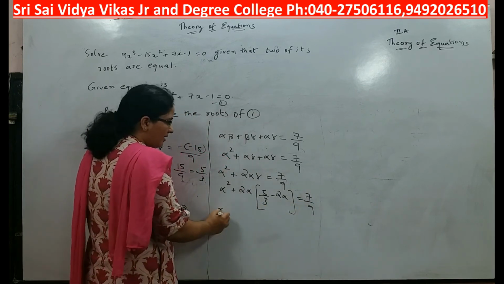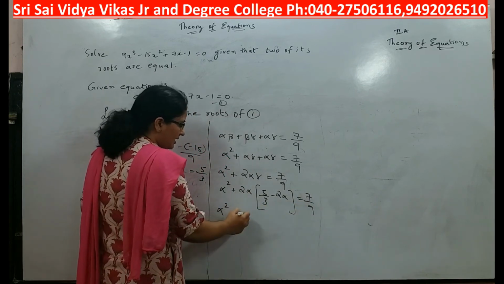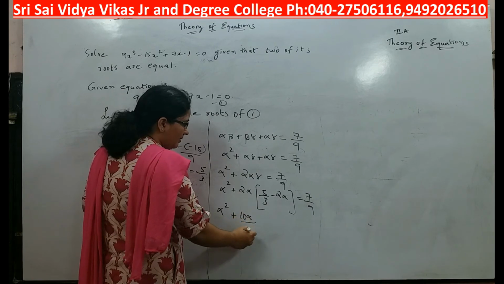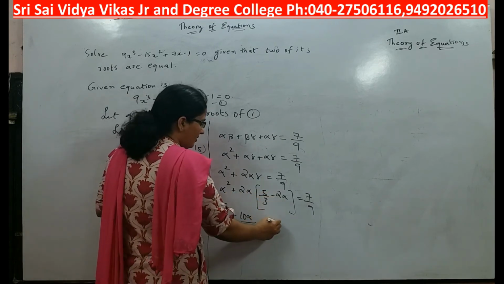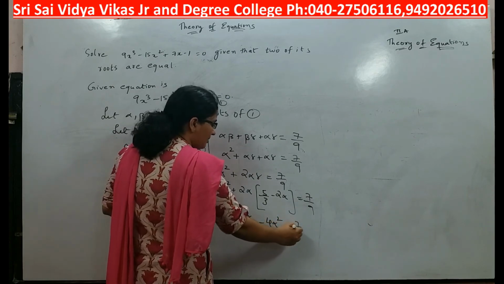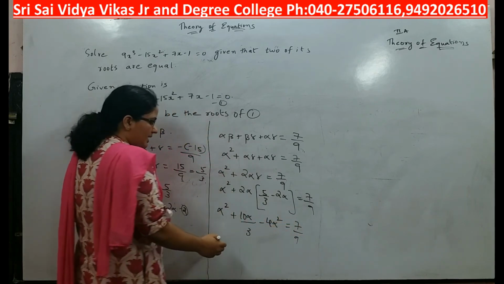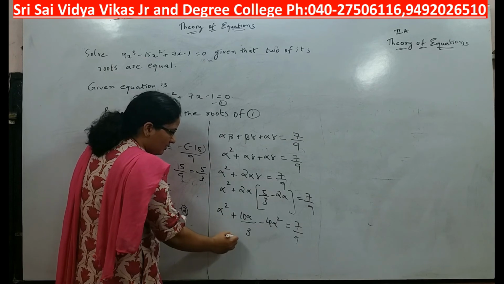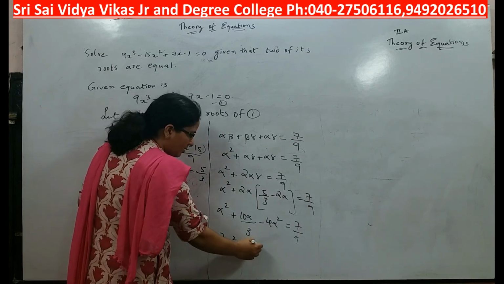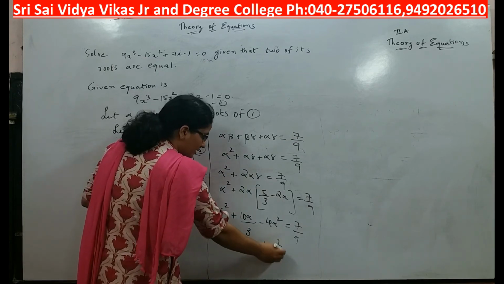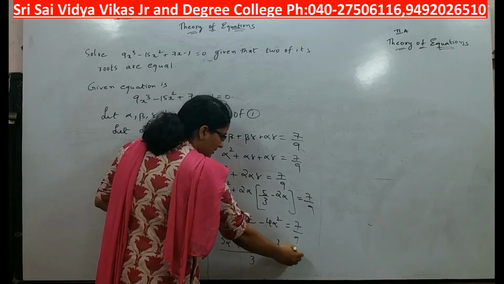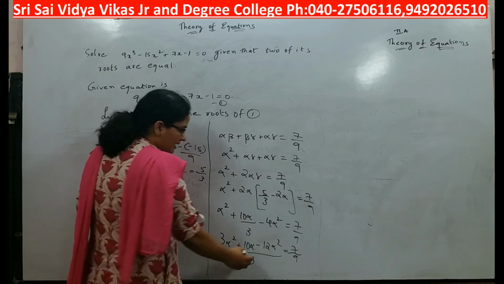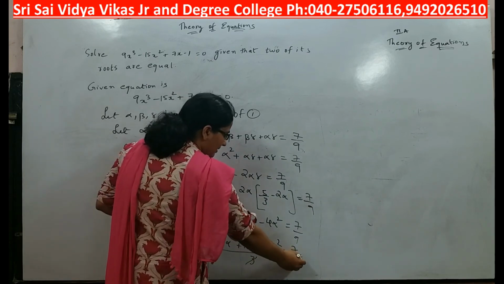Now, alpha² + 10 alpha/3 − 4 alpha² = 7/9. Take the LCM: (3 alpha² + 10 alpha − 12 alpha²)/3 = 7/9. Cross multiplying, 3 ones are 3, 3 threes are 9.